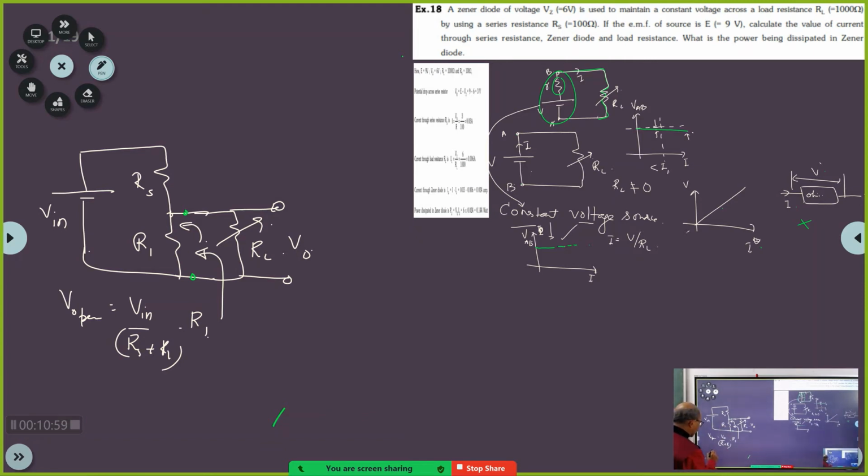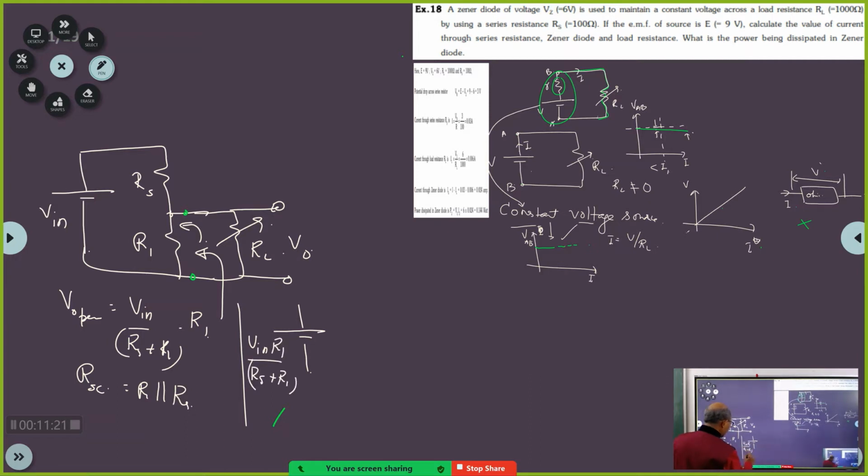R1 parallel Rs. So the Thevenin equivalent of this will be a voltage source of Vin into R1 divided by Rs plus R1, in series with R1 parallel Rs. We have solved this problem, remember, in our electrical circuits.